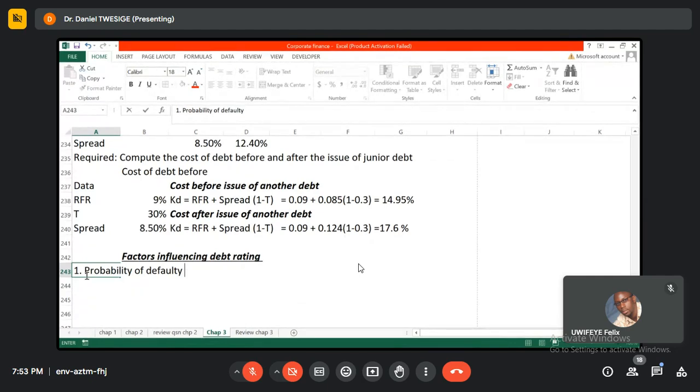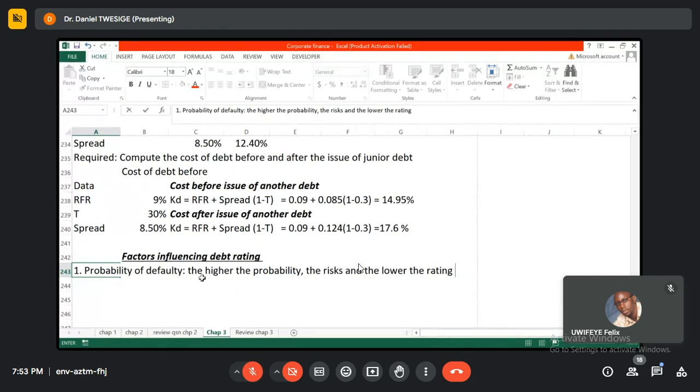The higher the probability of default, the higher the risks, and the lower the rating. So if you have a debt with a high probability of default, maybe you can add that.